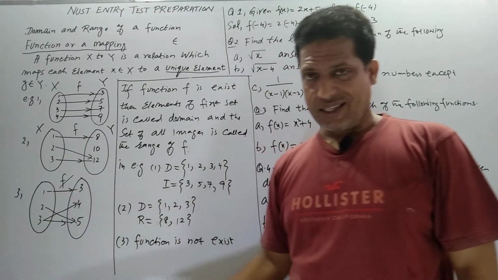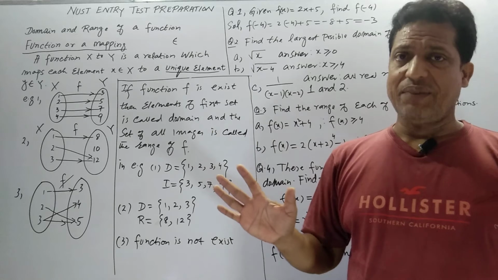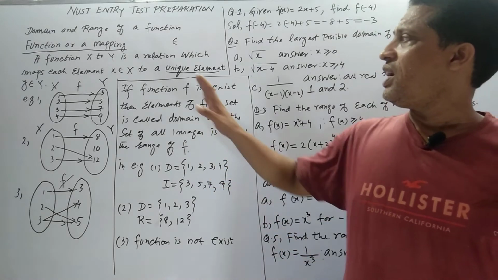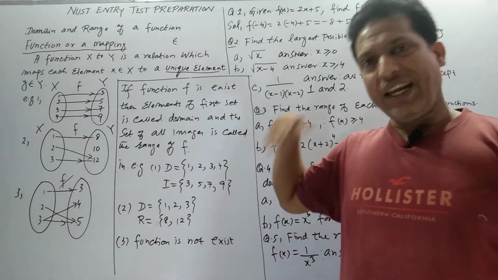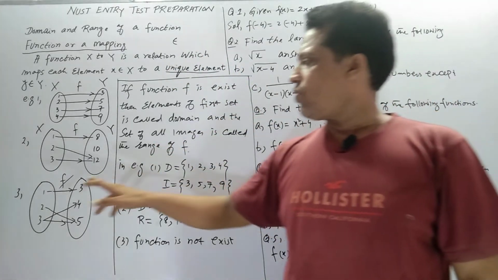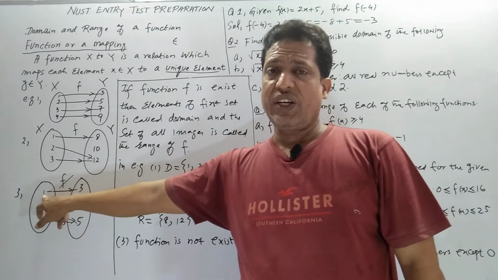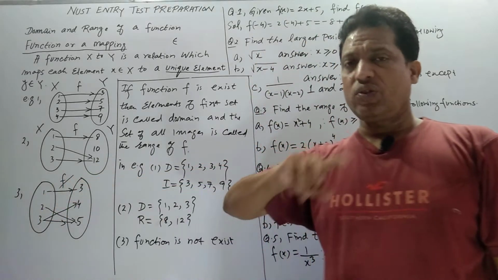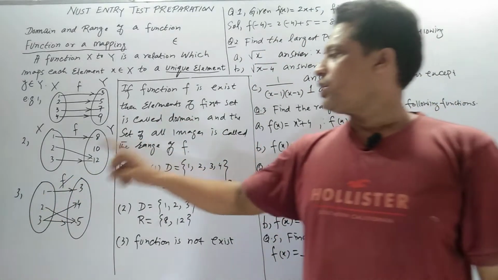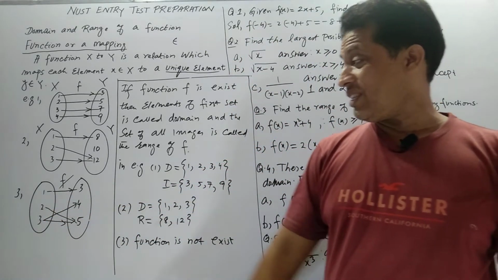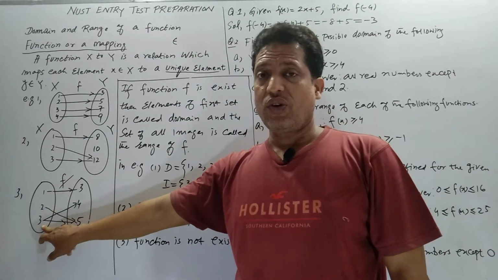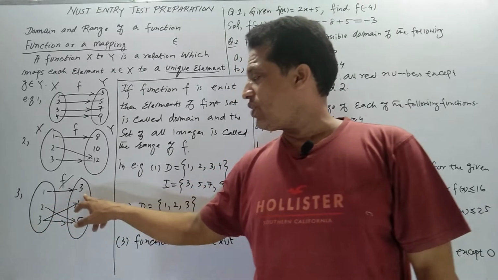Three involved, yes. But the second part of the definition is each element x in X goes to a unique element in the second set. So one is unique, yes, because one is mapped onto one element. Two is mapped onto one element, but three is mapped onto two elements, that is 4 and 5.